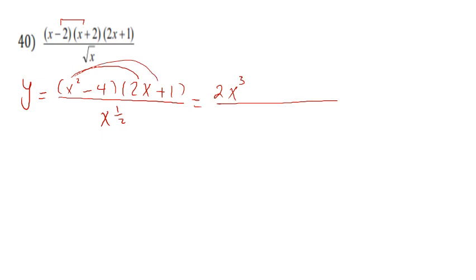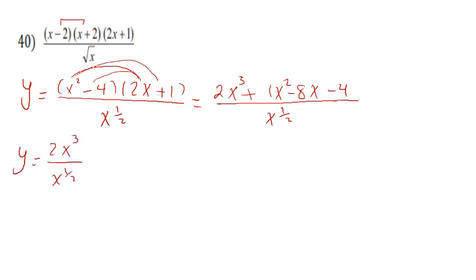X squared multiplied by 1 is 1x squared. Negative 4 by 2 is negative 8x, negative 4 over x to the power of half. Then I'm going to split it up, so 2x power 3 divided by x to the power of 2 plus 1 over x squared divided by x to the power of half minus 8x divided by x to the power of half minus 4 over x to the power of half.